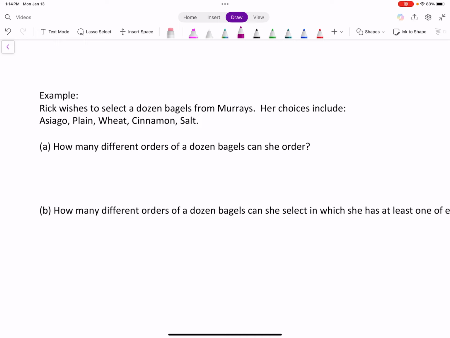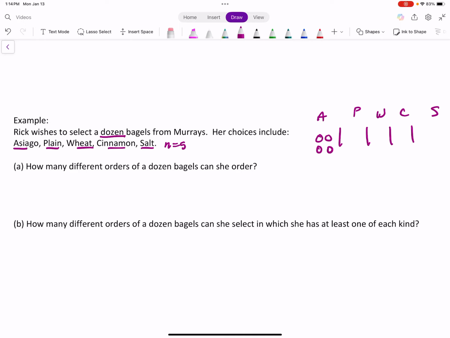So this slot right here represents Asiago, plain, wheat, cinnamon, salt. All right. He wants to get a dozen bagels. So the bagels themselves, like if I got 2 Asiagos, we're saying that that's indistinguishable. So in other words, if I had 2 here, I don't want to account for also the flipping of those 2, right? I don't want that to be a separate thing. So they go in there. We don't care about the order once they're in the bin.